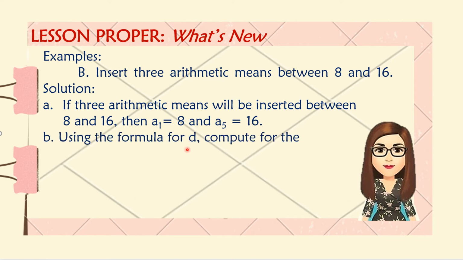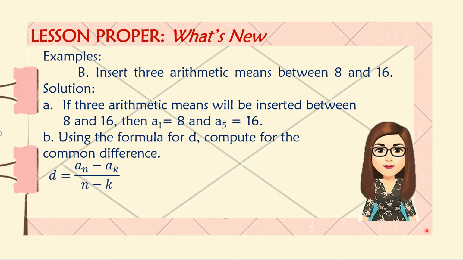So, using the formula for D, so let us compute for the common difference. Okay? So, para malaman natin kung ano yung numbers sa pagitan ng 8 and 16, first we need to identify what is the common difference. Okay? Kasi yun yung pagbabasihan natin para malaman natin yung number na kasunod ng 8. Yung susunod at susunod hanggang makarating tayo sa 16, which is the 5th term.